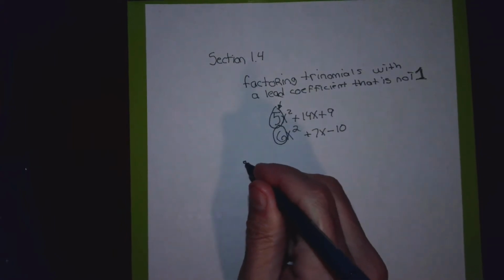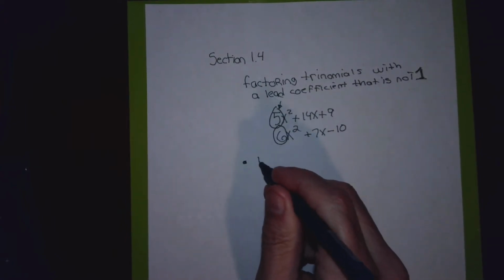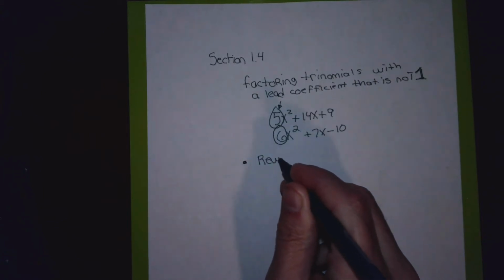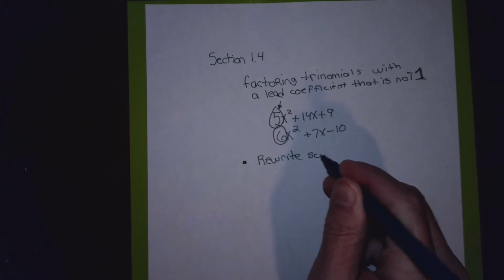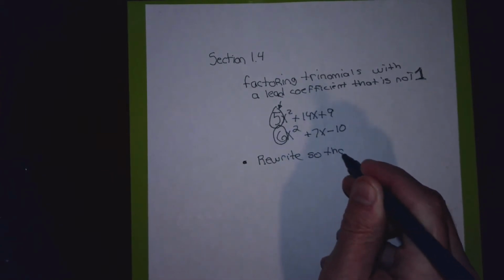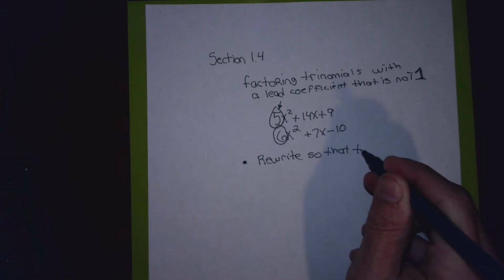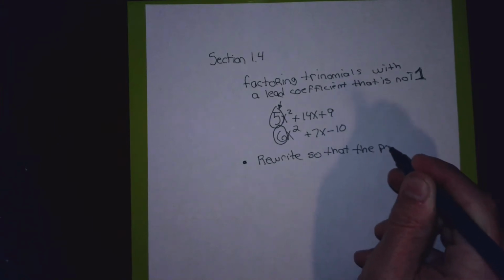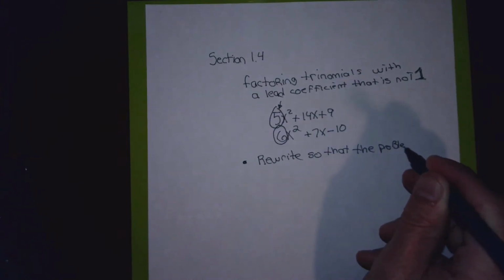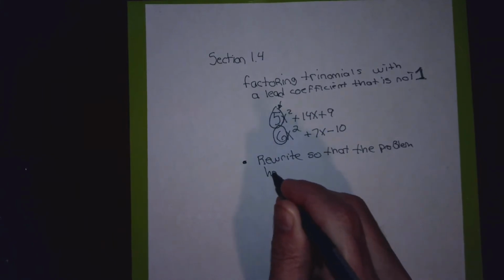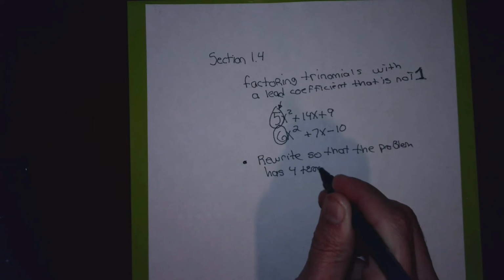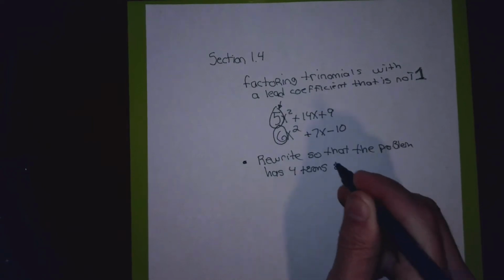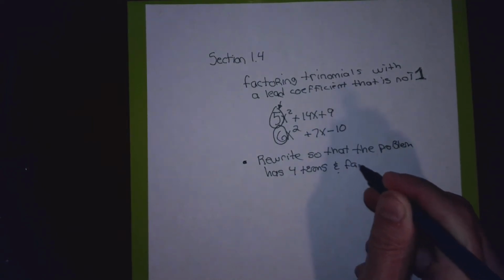The methods that you can use: you can rewrite so that the problem has 4 terms, and then factor by grouping.